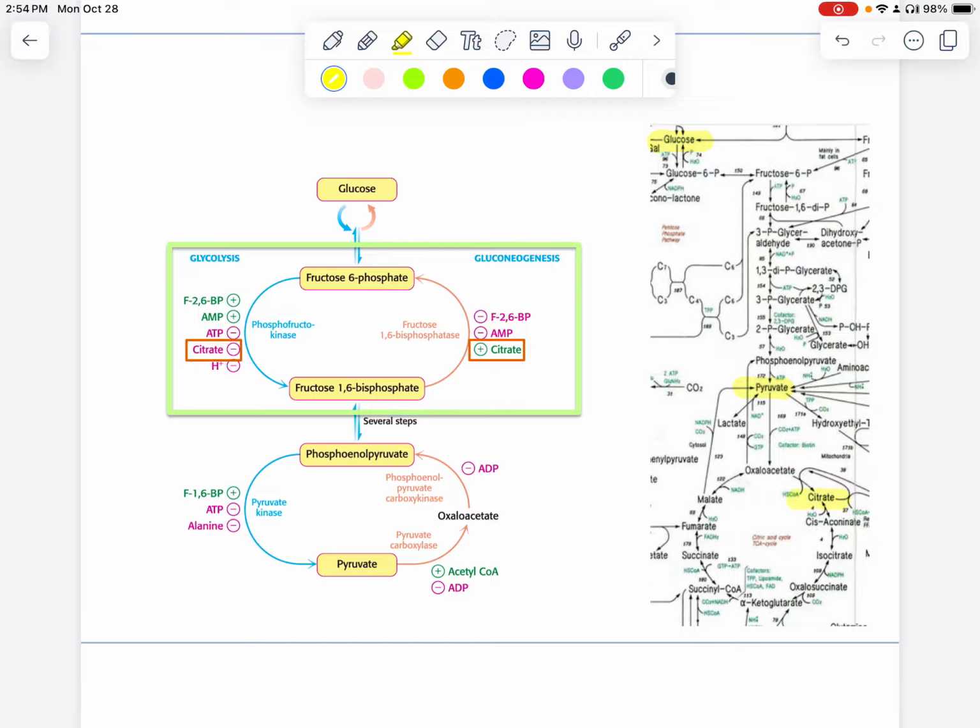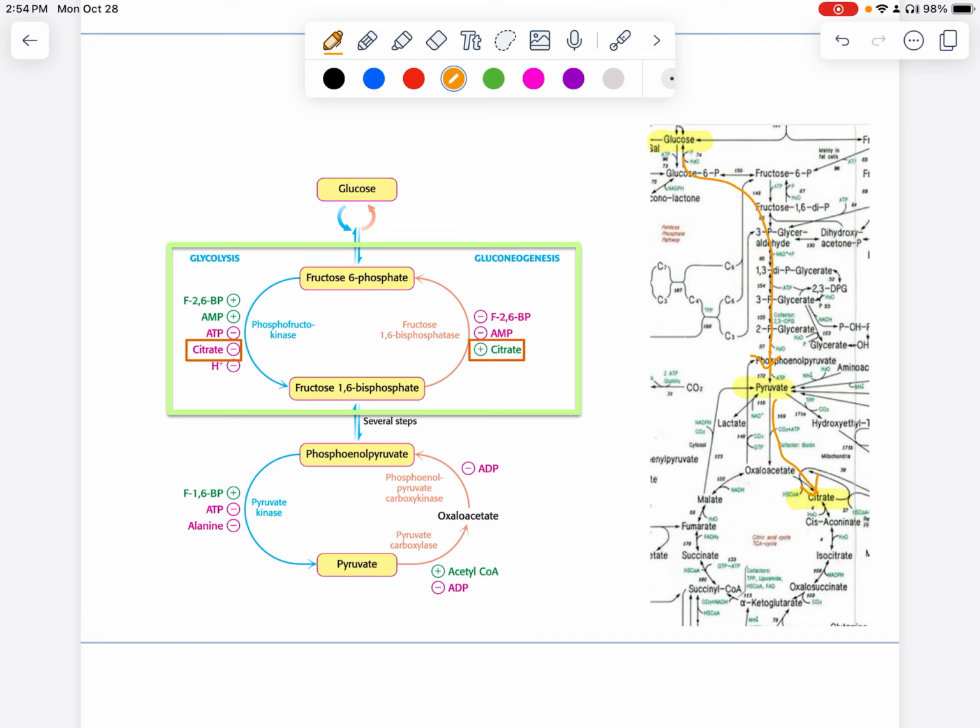Citrate is a part of our citric acid cycle, and if we have made it to citrate, so we've gone all the way through glycolysis down to pyruvate, and now we've made it over here to citrate, that's an indication that we've been able to produce plenty of energy, we've got plenty of carbon for our biosynthetic needs, right?